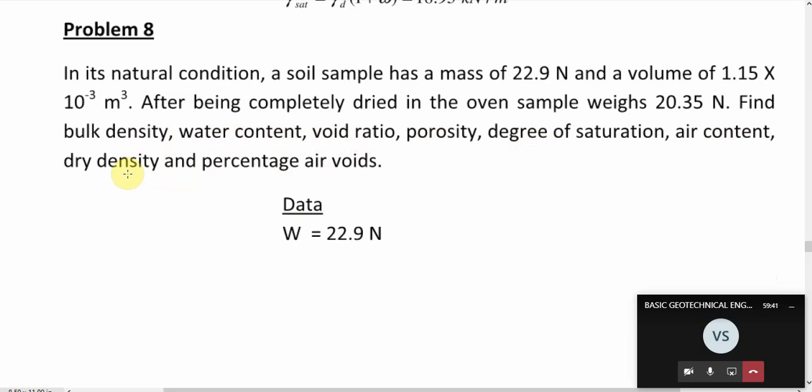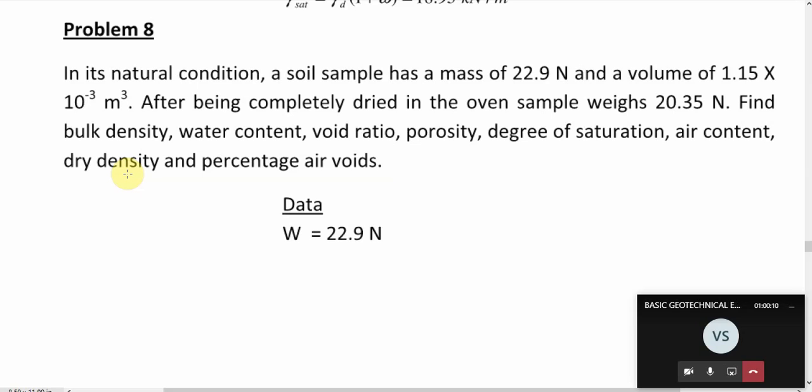There are only three values in the data. First is the weight of the soil sample, 22.9, and it has a volume of 1.15 into 10 raised to minus 3 meter cube. Now this sample is kept in the oven and dried. After drying, they again take the weight, which is 20.35.